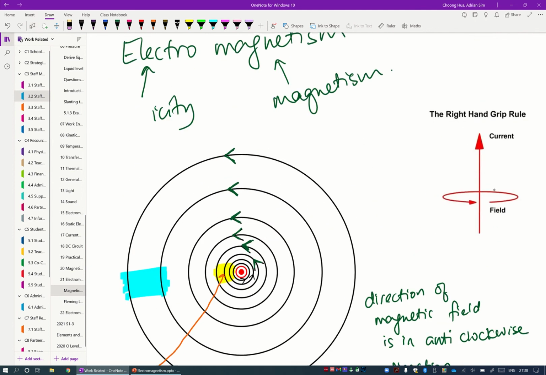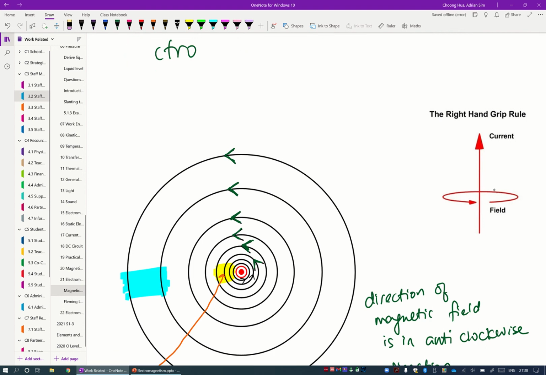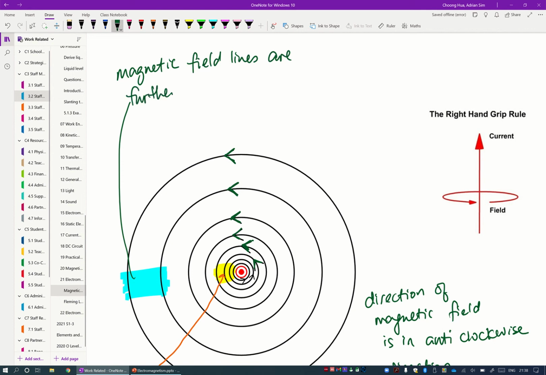Okay, let me find the space to write it. So the magnetic field lines are further apart.